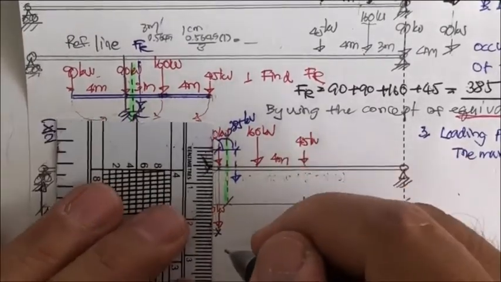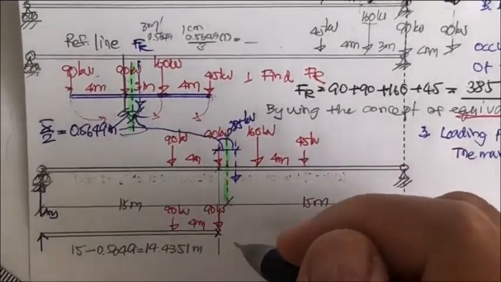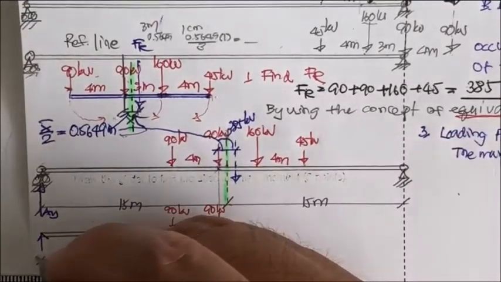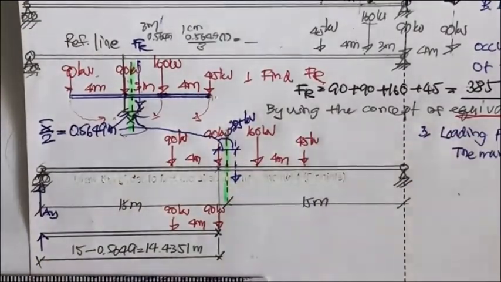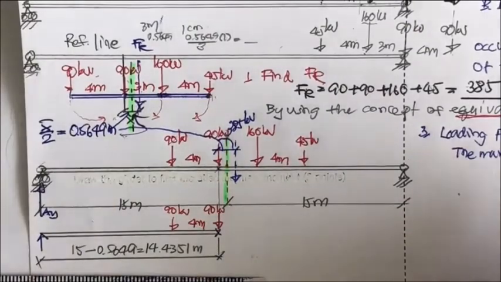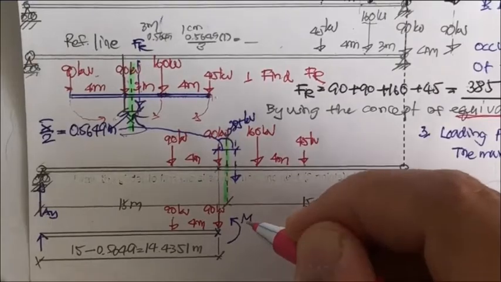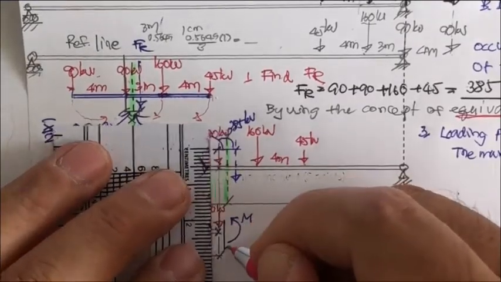So this is going to be the length of our beam segment that we are going to use to determine the M1. This is going to produce the M1 and the shear also here.